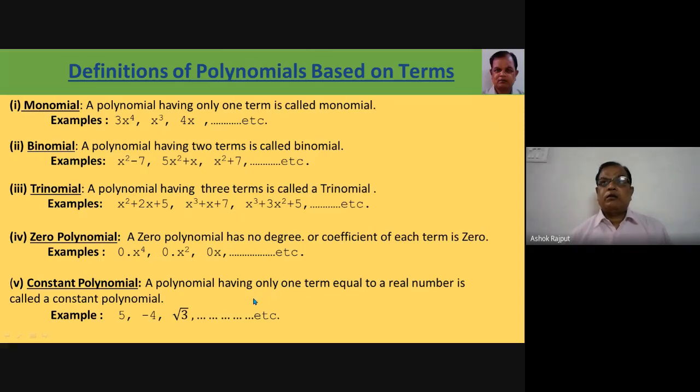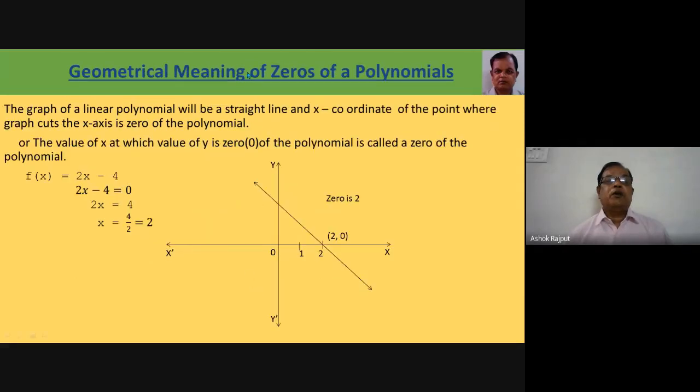If a term has a value that is unchanged, it is a constant polynomial. Now we are going to define the geometrical meaning of zeros of a polynomial.